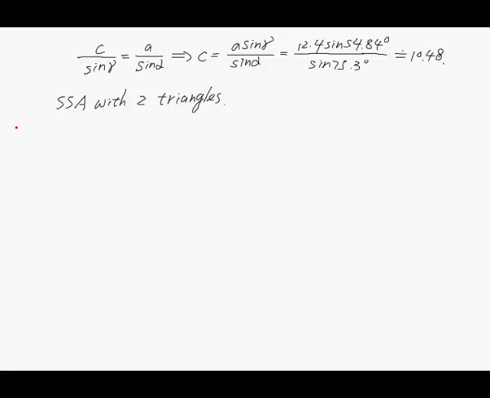Let's look at page 586, problem 12. We know alpha is equal to 41.2 degrees, a is equal to 8.1, and b is equal to 10.6.